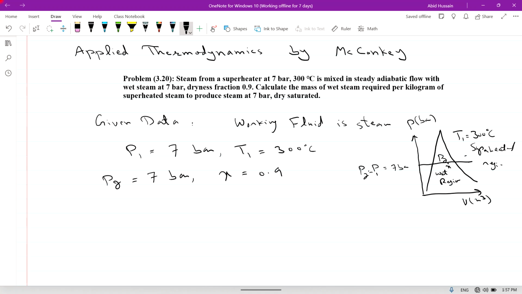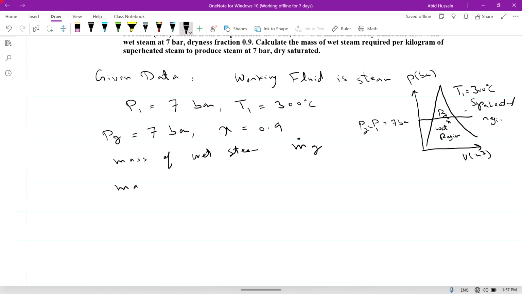So the mass of wet steam is m2 dot, and the mass of superheated steam per kilogram is m1 dot.